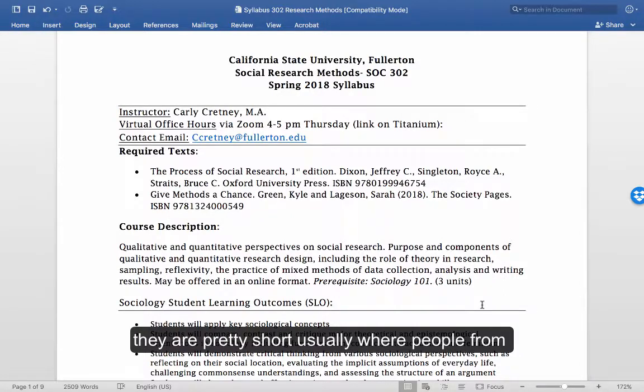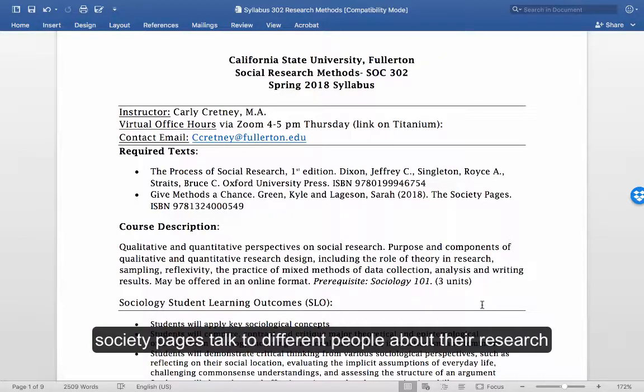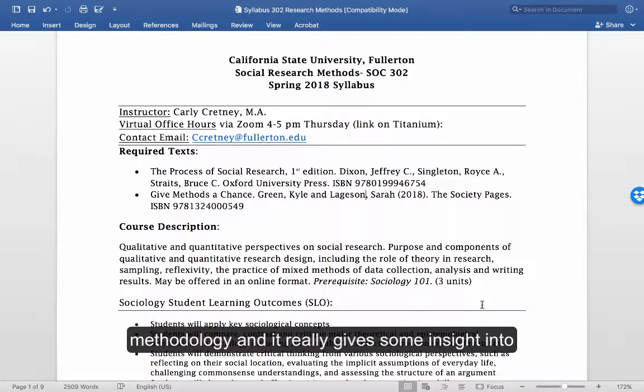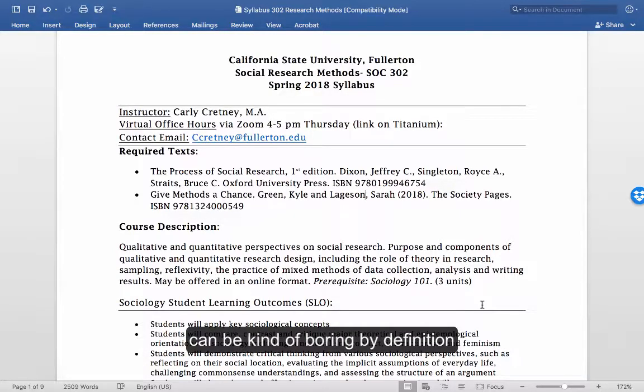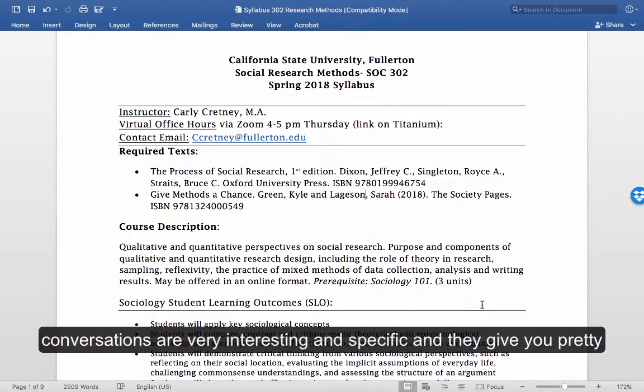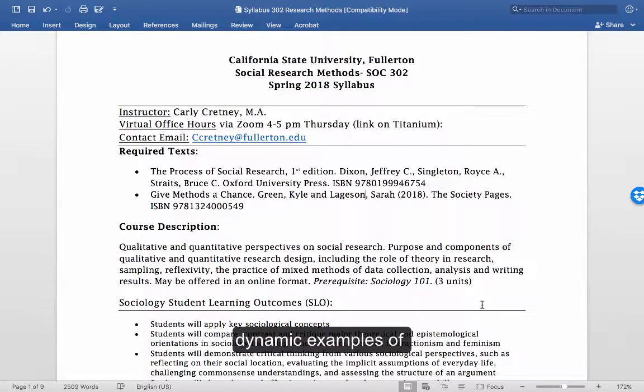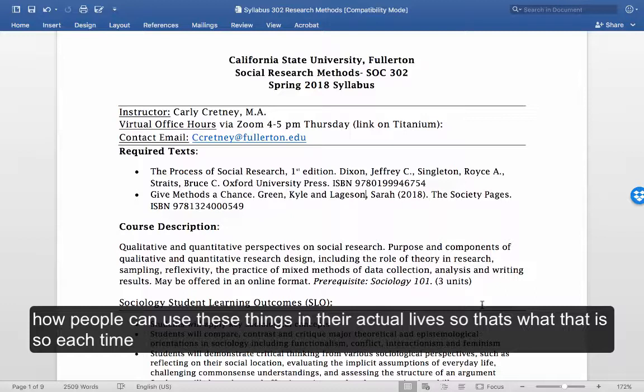Specifically, 2 interviewers from the Society Pages talk to different people about their research methodology, and it really gives some insight into the different things that we're talking about, because obviously research methods itself can be kind of boring, right? By definition, it's learning about the method itself. So these conversations are very interesting and specific, and they give you pretty dynamic examples of how people can use these things in their actual lives. So that's what that is.